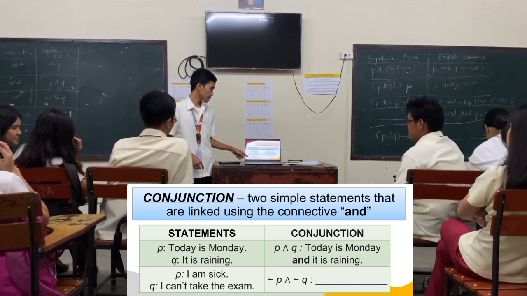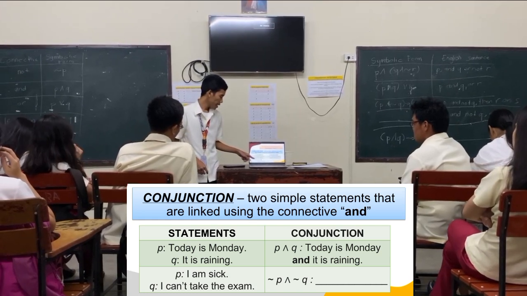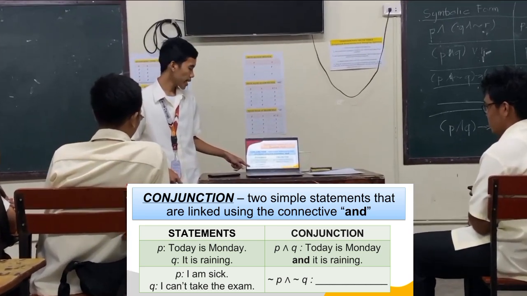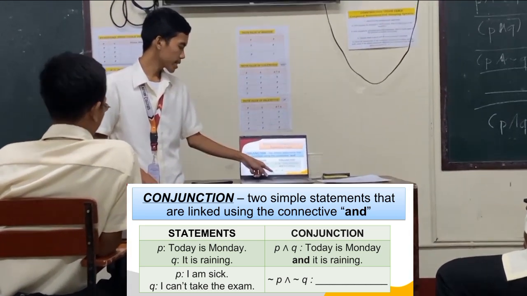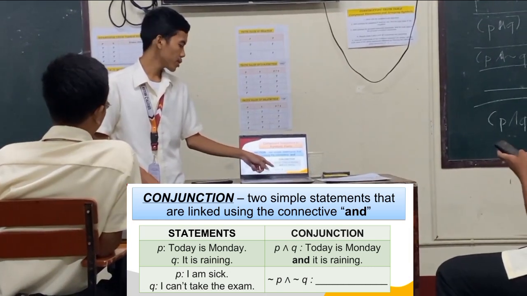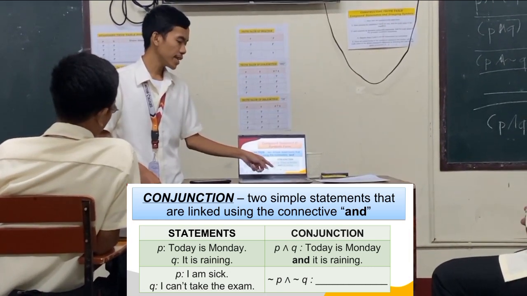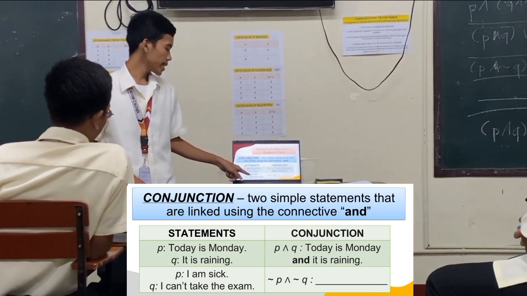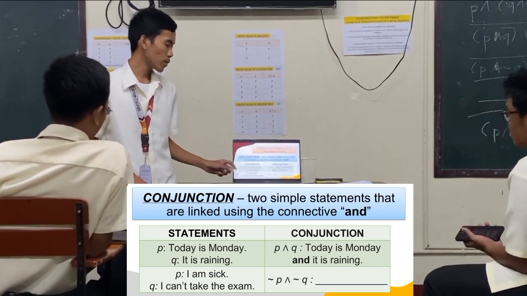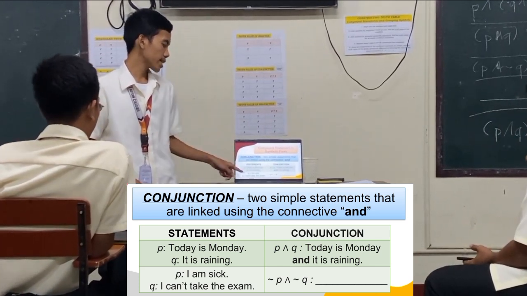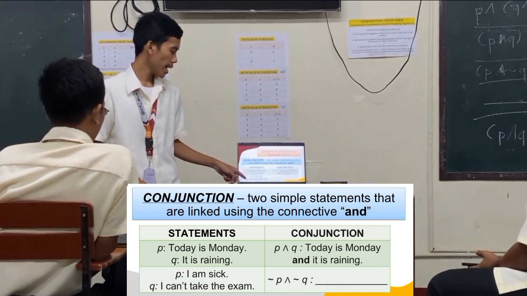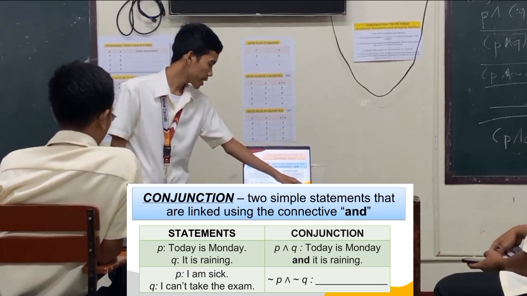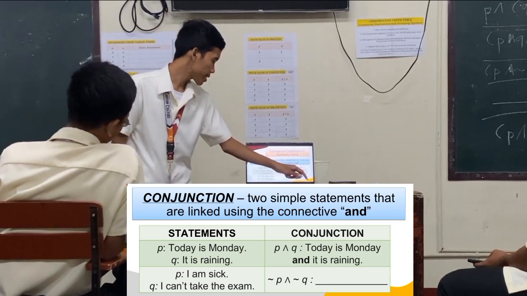In this last example, the first statement is I am sick, the second statement is I can take the exam. We have here the negation, not P and Q. So instead of saying I am sick and I can take the exam, we reverse it: I am not sick and I can take the exam. Is that clear? Yes.